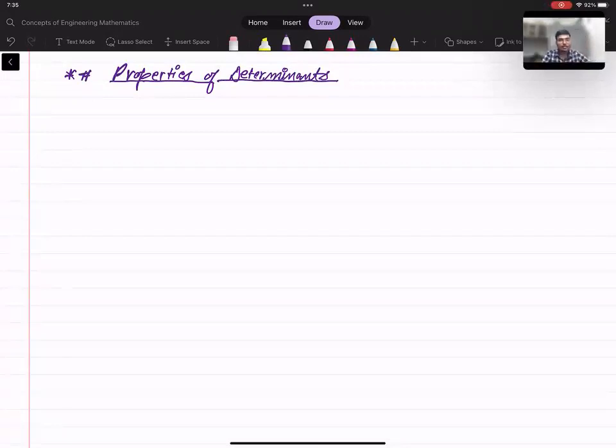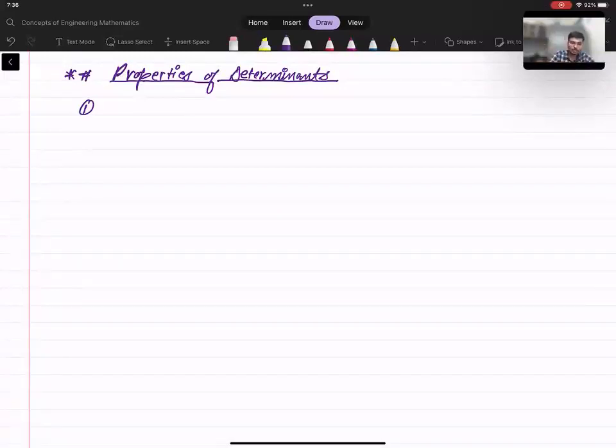The very first is that the value of a determinant remains unaltered or unchanged if the rows are interchanged into columns or columns are interchanged into rows. This process is known as transpose. Rows are converted to columns and columns are converted to rows.